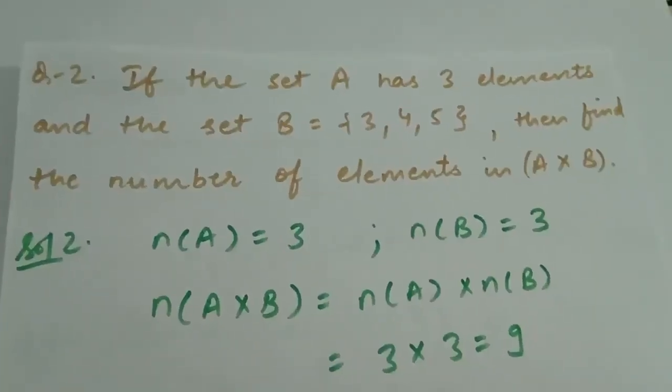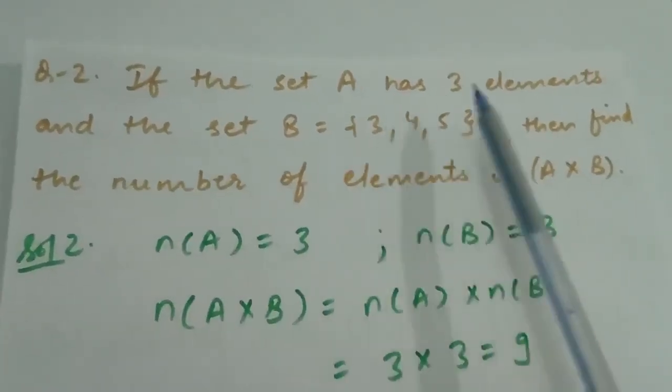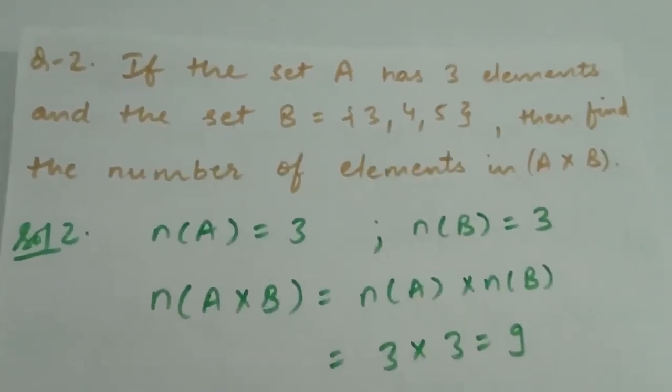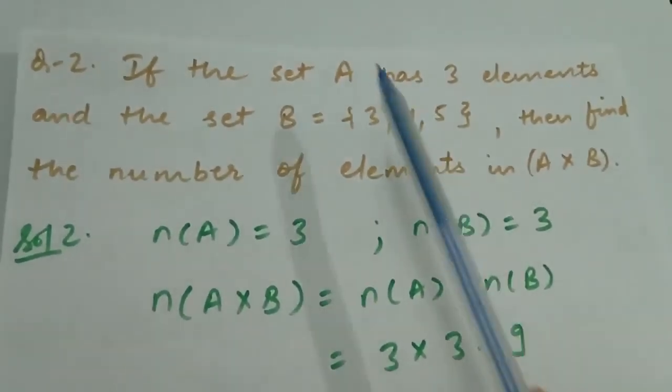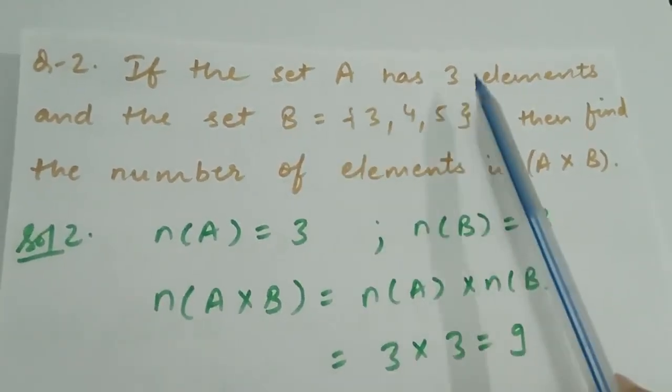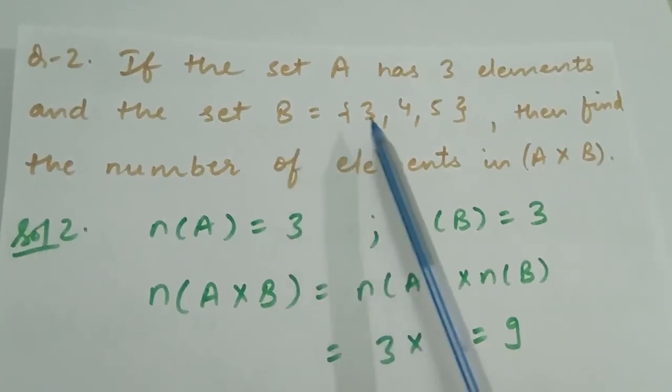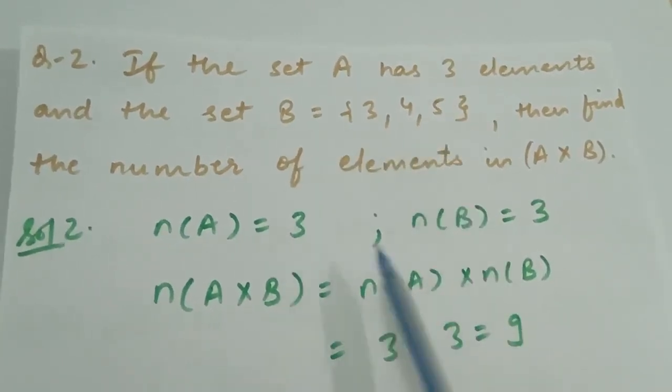Now question second. If the set A has 3 elements and the set B is equal to {3, 4, 5}, it is given that set A has 3 elements and the number of elements in set B is not given, but the elements of the set B are given.